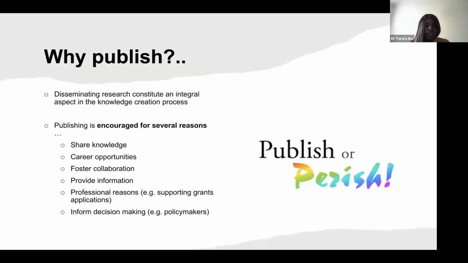So, from the context of career opportunities, it is often encouraged that you've got that publication track record to boost your profile. And then I also find, from my own lived experience, that publishing does foster collaboration. A lot of the work that I've done, one of the ways in which we have strengthened that collaboration is through the joint work we do together, whether that's writing a manuscript together as a team and then publishing to show that teamwork.